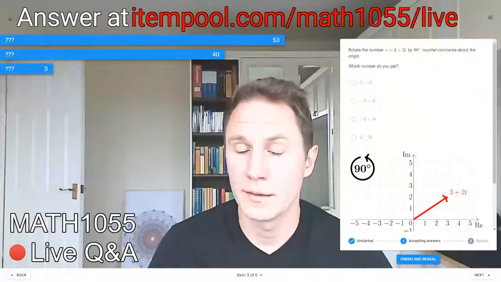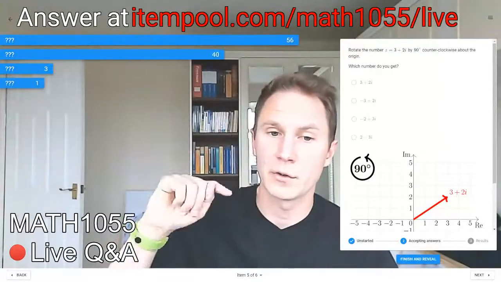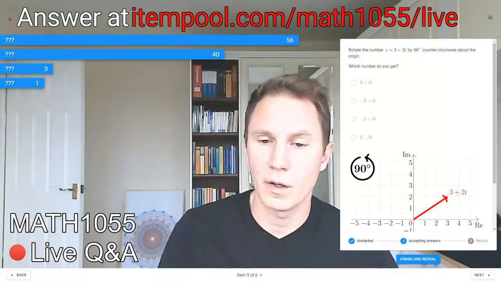And since the cosine function is even, that won't affect the real part, which is as it should be, and the sine function is odd, so it will flip its sign into the opposite sign, which corresponds to flipping this vector upside down, well, reflecting it through the real axis.